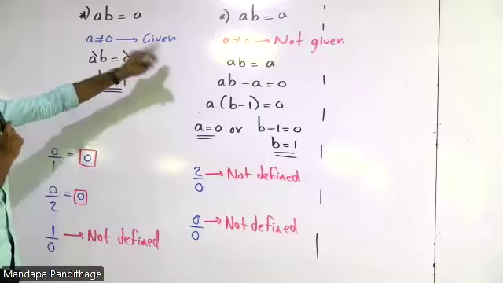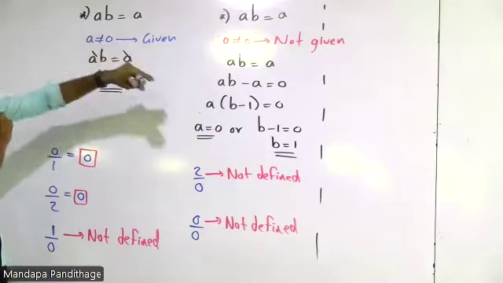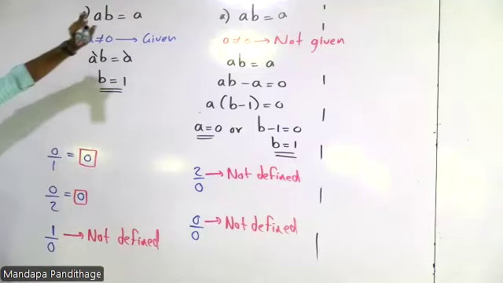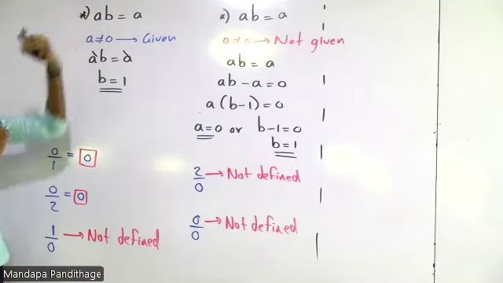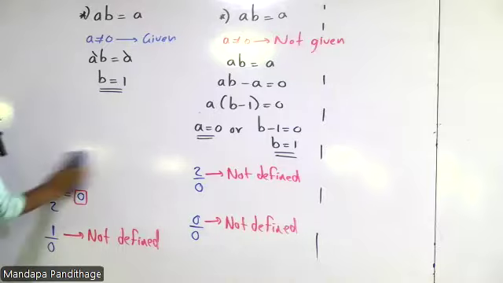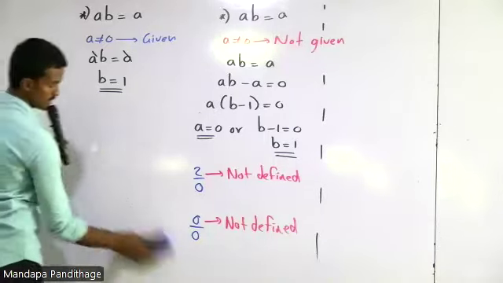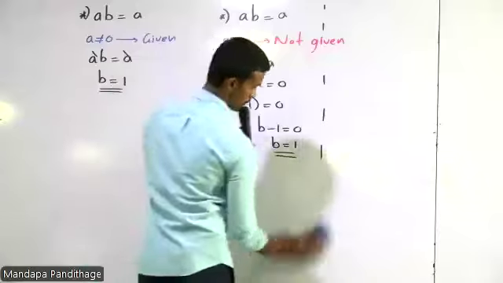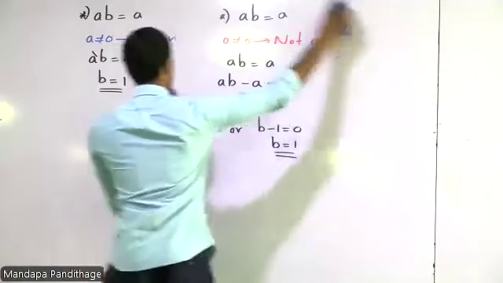It's simple, it's not complex. This is the way you have to do it. When you are cancelling, if they have given this you can do it. If not, you can't do it. You have to take this to one side, then factorize and simplify. Not given.